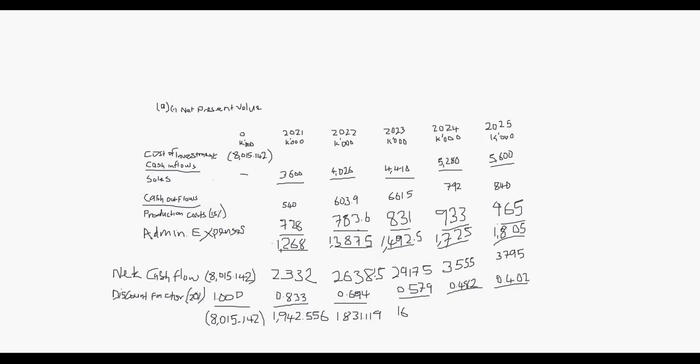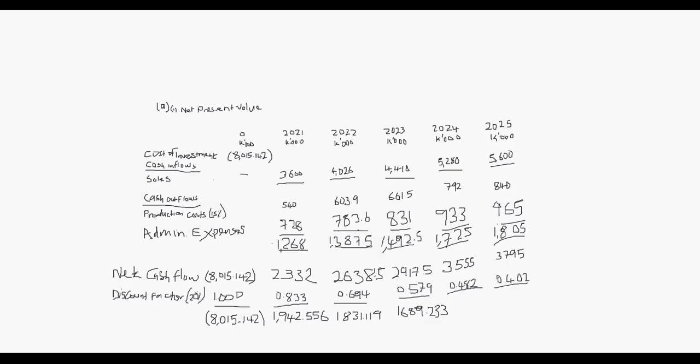So we are going to have 1,689.233, rounded off to 3 decimals. The next one will be 3,555 times 0.482.